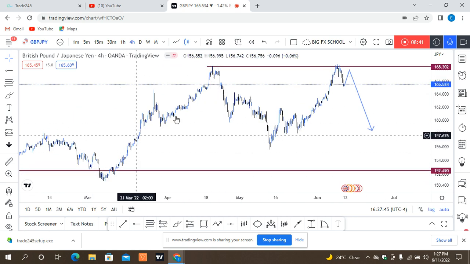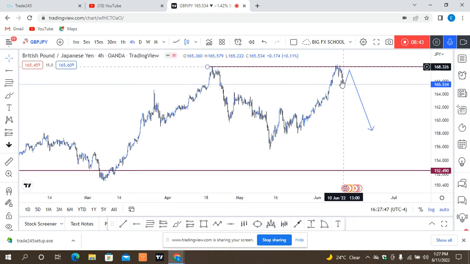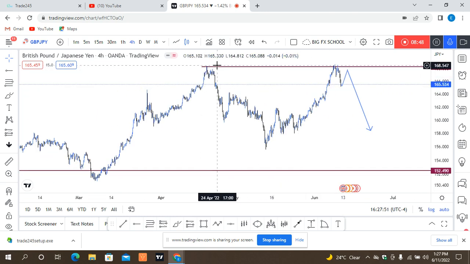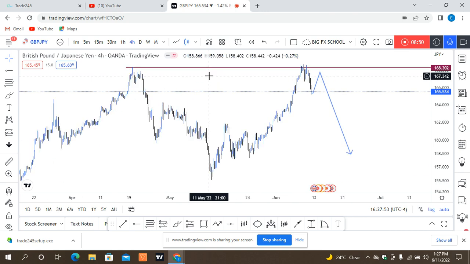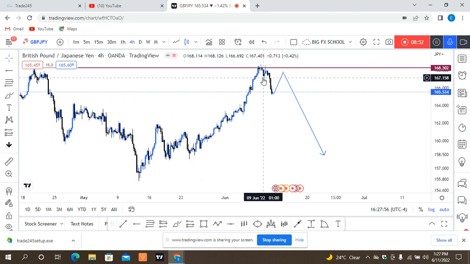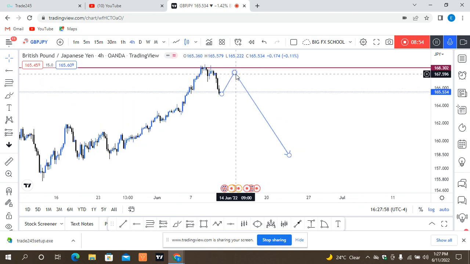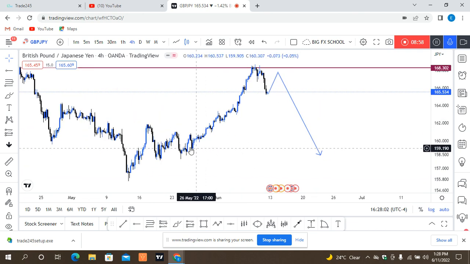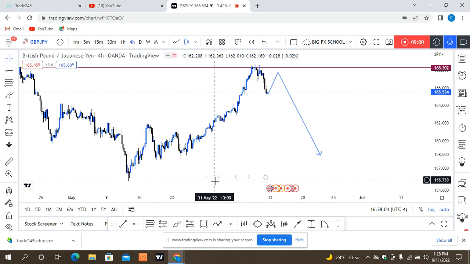So this is higher low, higher high. Higher low, it must make a higher high. But before making a higher high, it touched a certain level here where I anticipate the market to correct to the upside, then push to the downside, at least until this level.